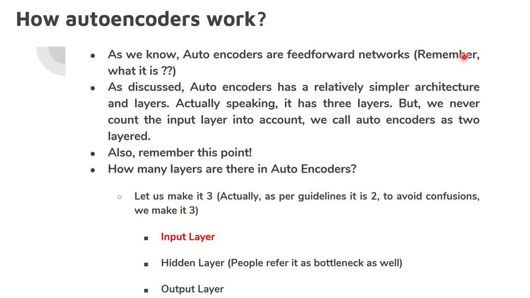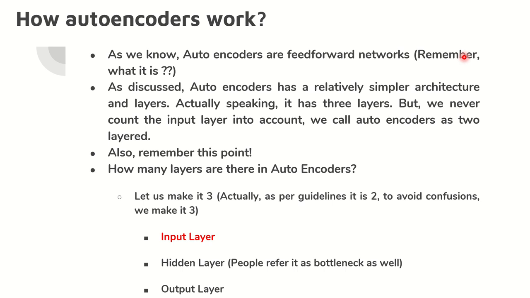Right. How do autoencoders work? Very simple. They are feed-forward networks. I told you what feed-forward networks are. From the left, it goes on to the right. No coming back. A particular point will not be reached twice. That's it. Just remember that point. Right. An autoencoder has 3 layers: the input layer, the hidden layer, and the final layer.